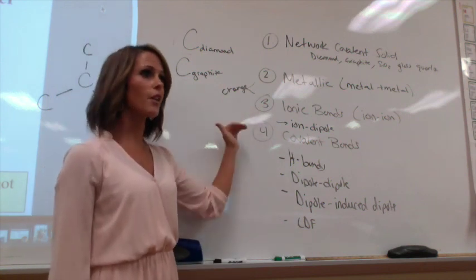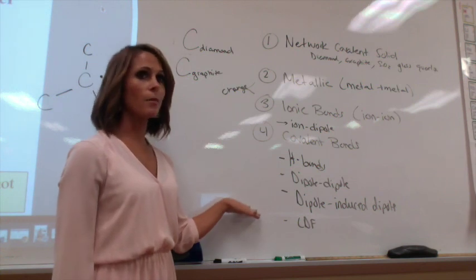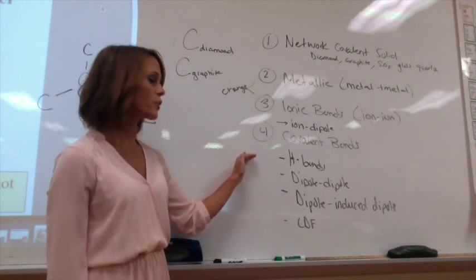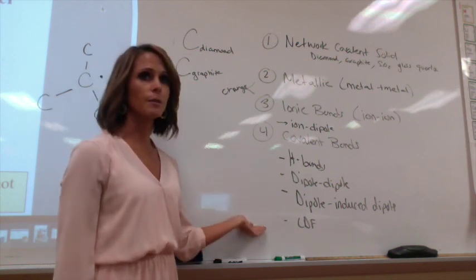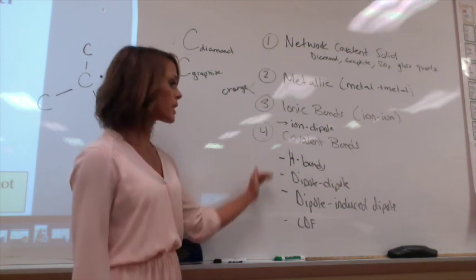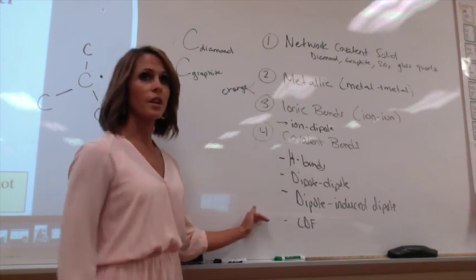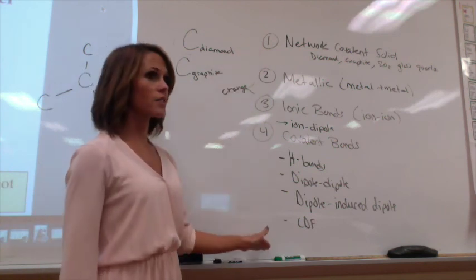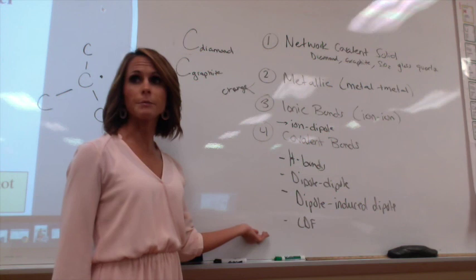And then from there, the rest of them that are non-metal with non-metal are going to be ranked as your covalent bonds. And then you're going to look at their individual forces like we've already discussed in the beginning of intermolecular forces. So we basically just use this the whole time from today and forward, you have to see where it falls in this list and then determine its melting point and boiling point. Is that clear?